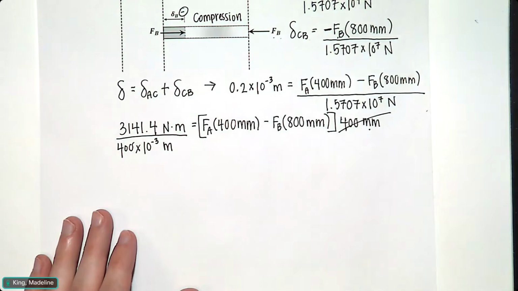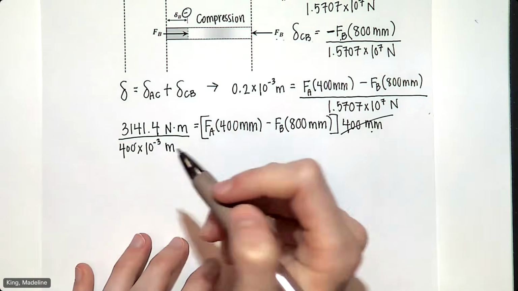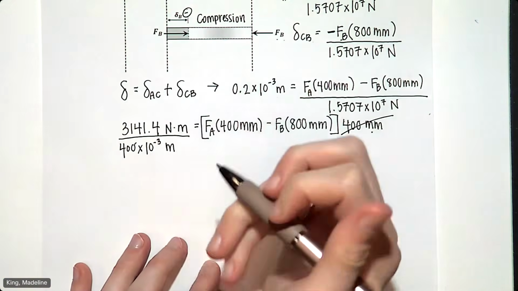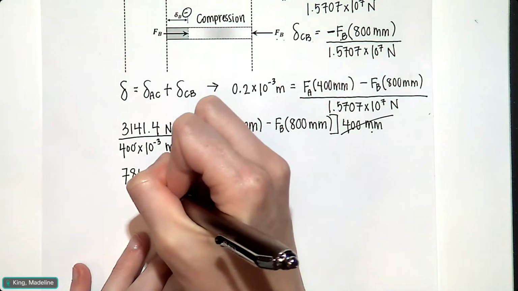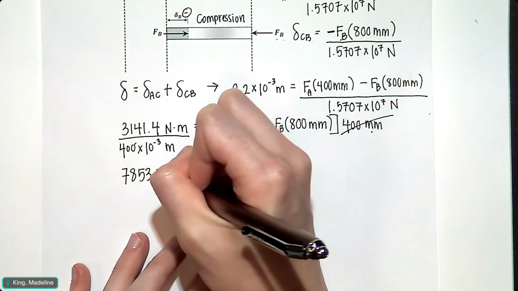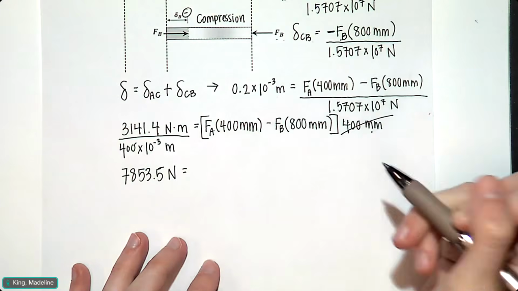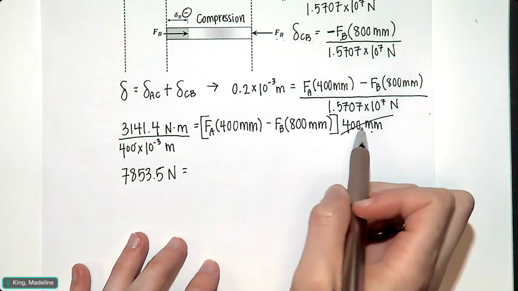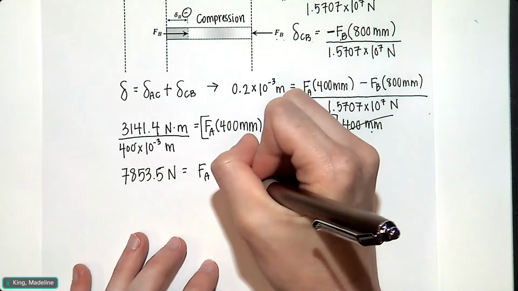So that will get rid of that. Now this side will become 7,853.5 newtons. And we took out 400 out of here, so this will be FA minus 2 FB.